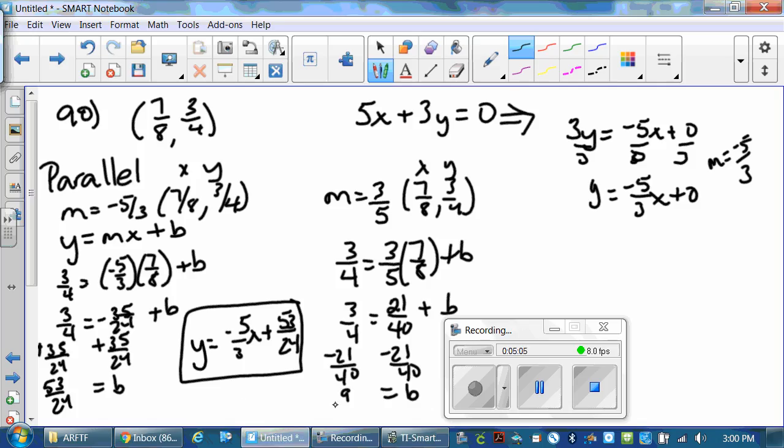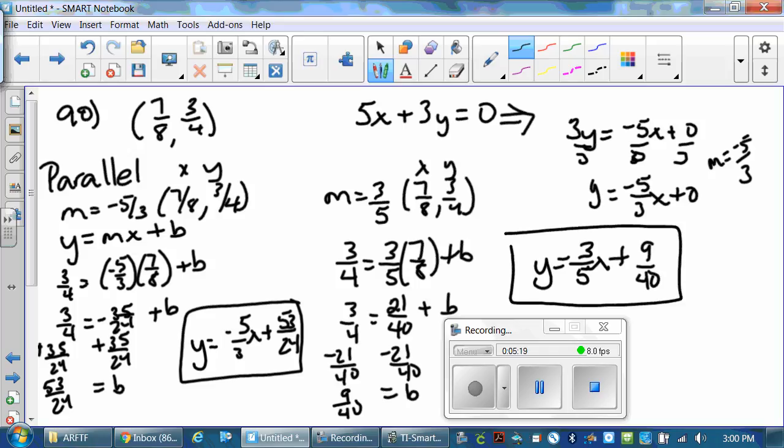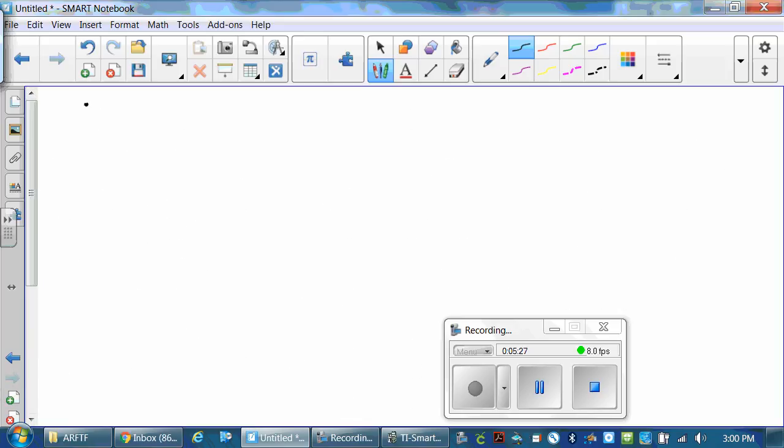So b is 9 over 40. So the perpendicular line has an equation of y equals 3/5 x plus 9 over 40. Remember, we had to flip the slope over and change the sign. So this is parallel, this one's perpendicular. That's problem number 90. I'm going to go ahead and do 95, see if I can speed it up a little bit and get both of these on this video.